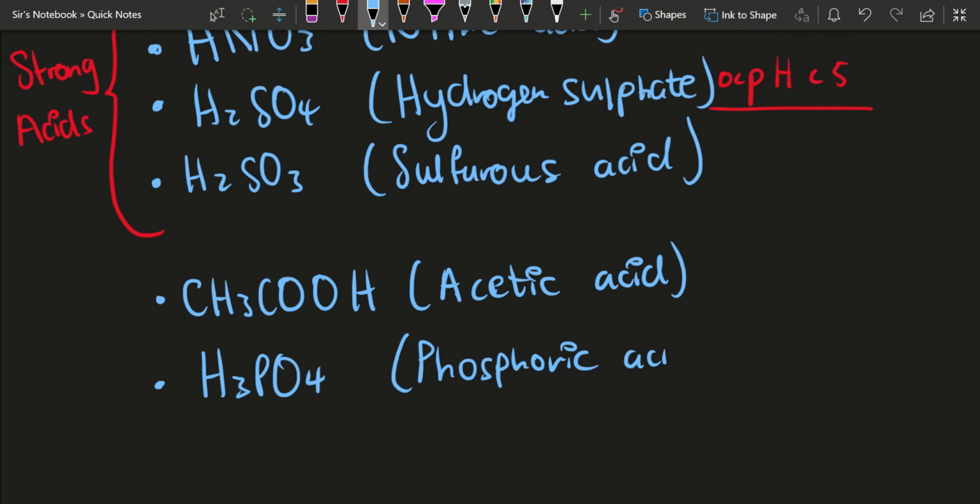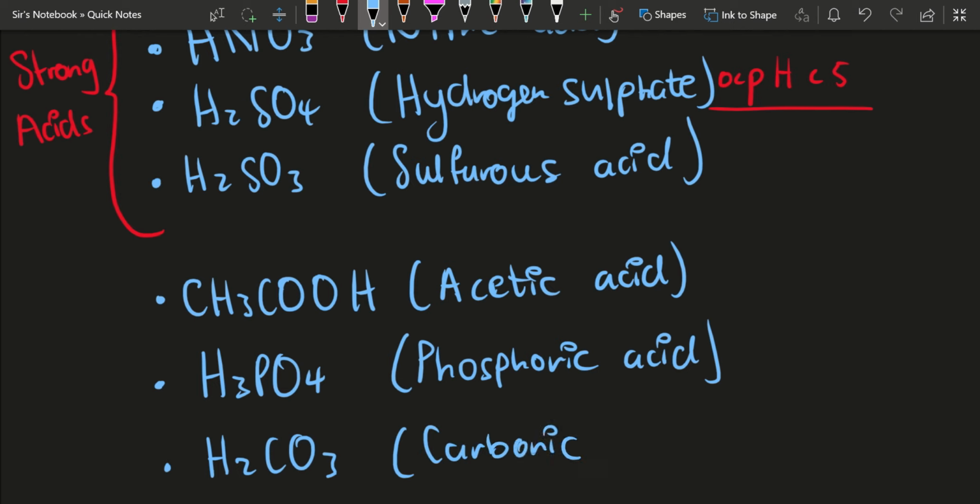And we also look at hydrogen carbonate, H2CO3, or some may call it carbonic acid, dihydrogen carbonic acid. Okay, so these listed acids are the acids that are considered to be, yes, you guessed it, weak acids.